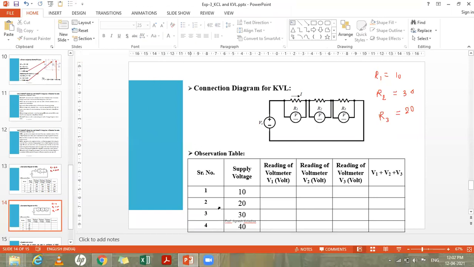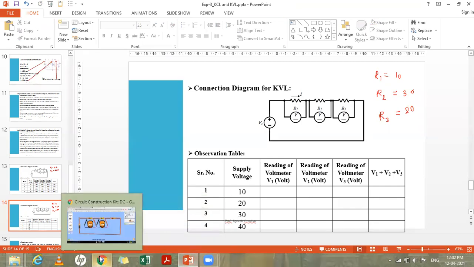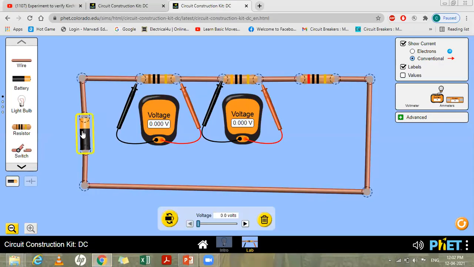These are my voltage levels. So let us first apply the 10 volts.